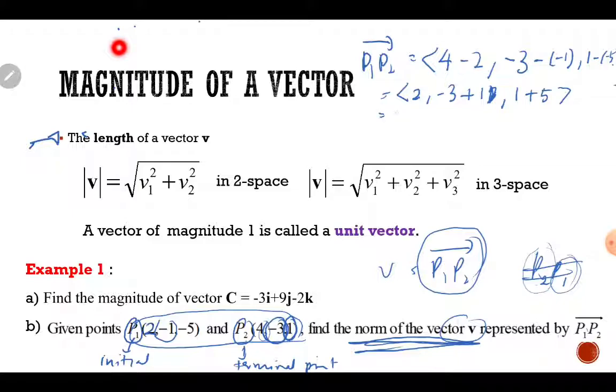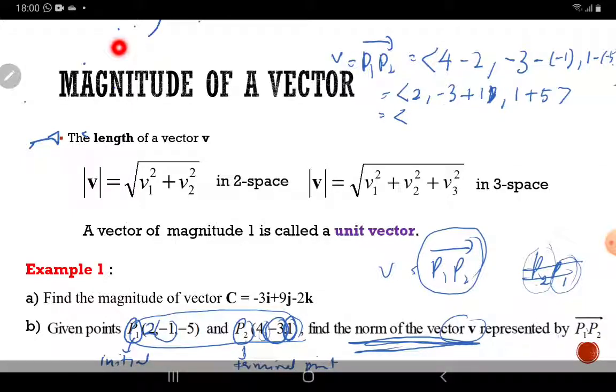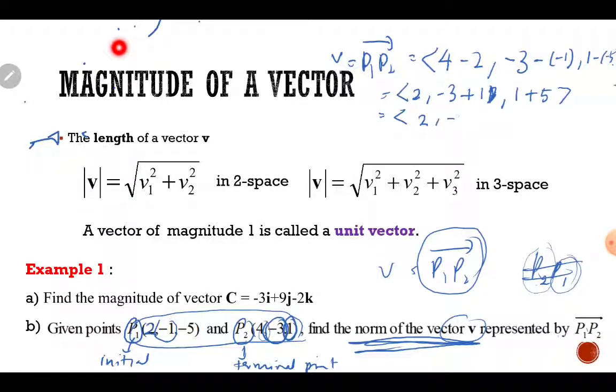So your vector V, P1, P2 is 2, negative 2, 6.